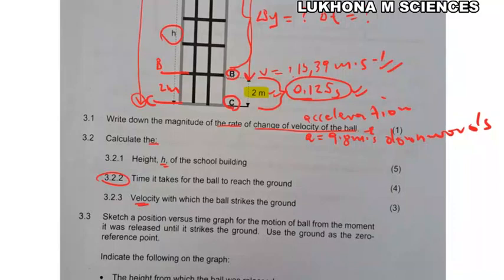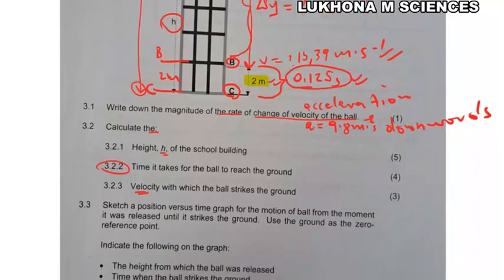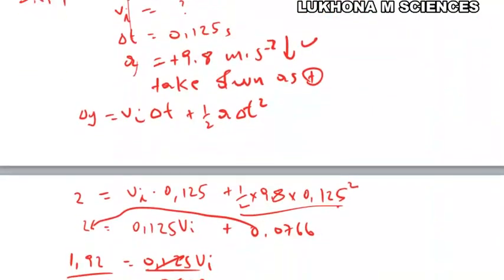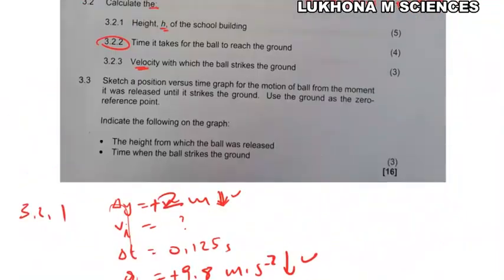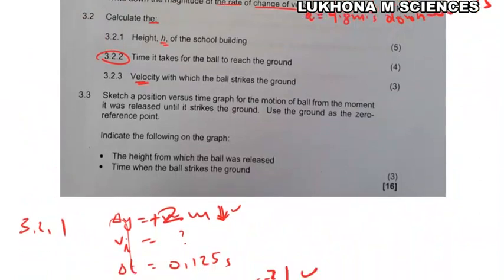Okay, now let's collect the data. The data for that question, which is question number, let's check. Let's go back. This is question number 3.2.3. Let's start with the data. We are looking for the final velocity.